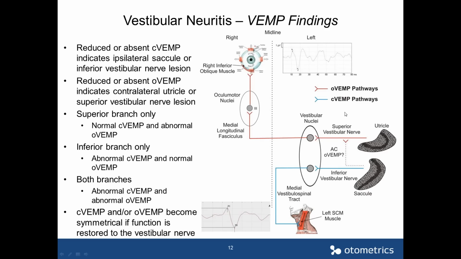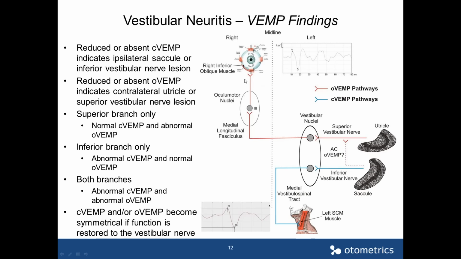But most people agree that the abnormal findings in OVEMP originate from the utricle and obviously from the superior vestibular nerve. This is a crossed response, so if you have a right-sided or left-sided lesion, you will record this from the opposite eye, and you will see a response depending on how you put your electrode. N1 occurs first, P1 occurs second.